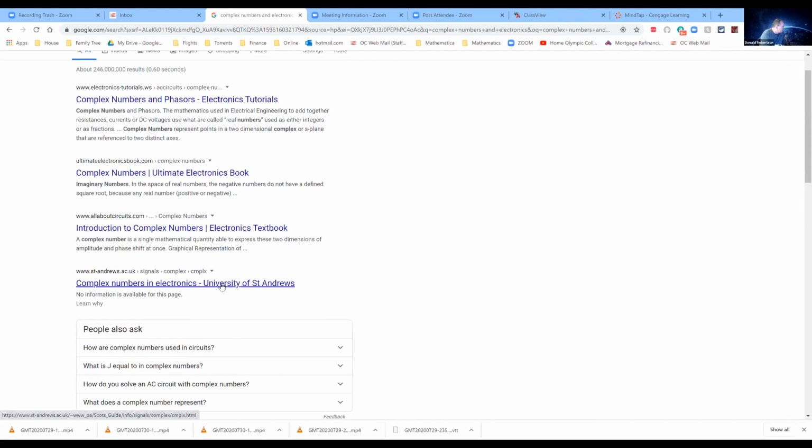So, guess what? They're using them. I can't tell you how they use them. I'm guessing it's something to do with phase shift. You know, there's a vertical and a horizontal. So maybe they use the complex numbers as a convenient way of talking about phases of electric signals or something. I'm making this up, but maybe that's what they do.